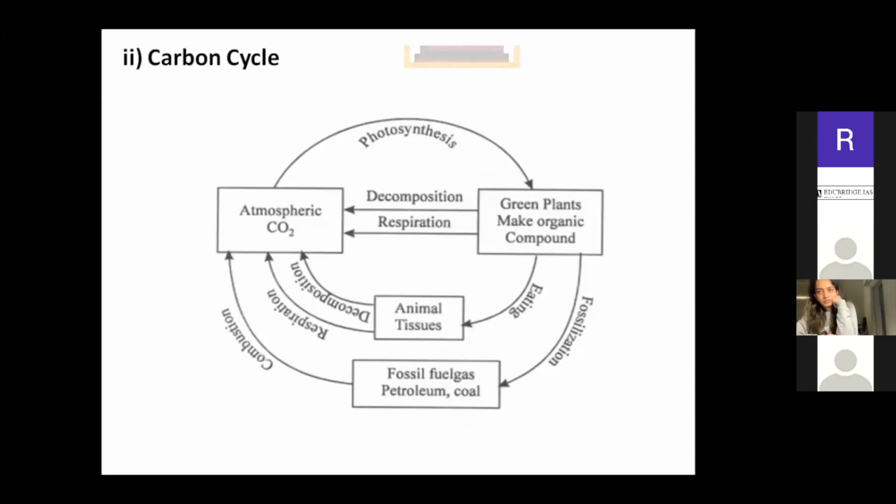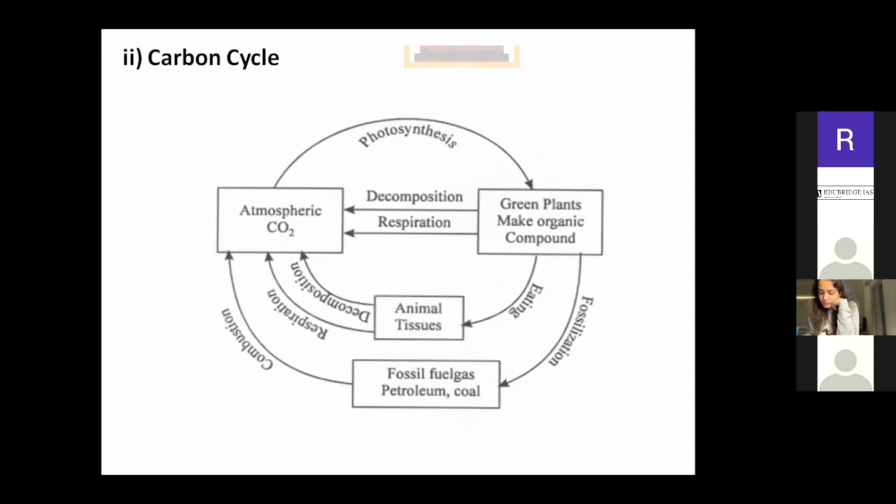Apart from these two well-known processes, there are other processes like decomposition. Through decomposition, once plants and animals die, microorganisms act on the dead material, and CO2 is released during the process of decomposition. So during decomposition, CO2 is released back into the atmosphere.